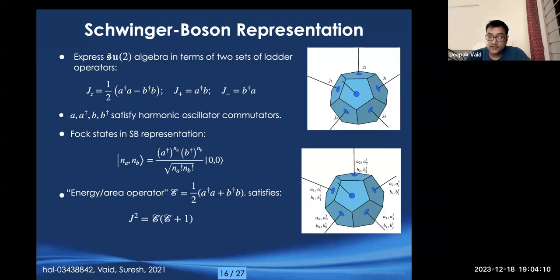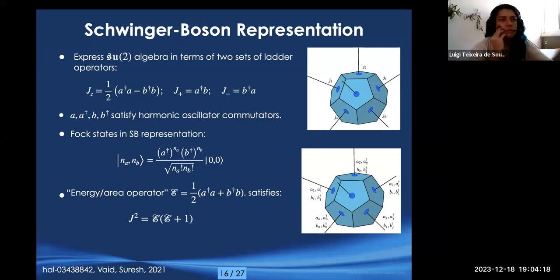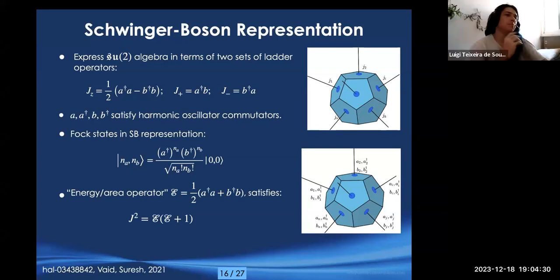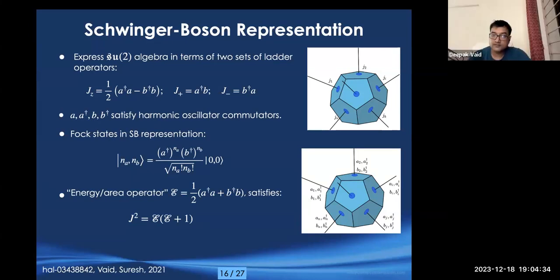You have the number operator, or the Hamiltonian, for each harmonic oscillator, A dagger A and B dagger B. The average of those you can call the Hamiltonian associated with each face.